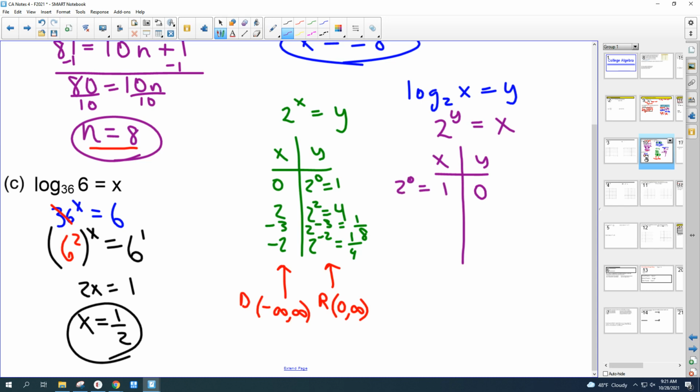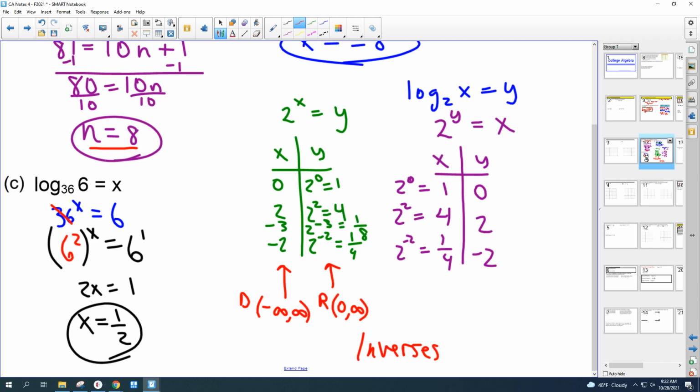Or I might plug in +2 for the y, and that's going to make x equal 4. Or I might plug in -2 for the y, and that's going to make x equal 1/4. If you notice, the x and the y's have switched, but that's exactly what inverses do. These things are inverses of each other.